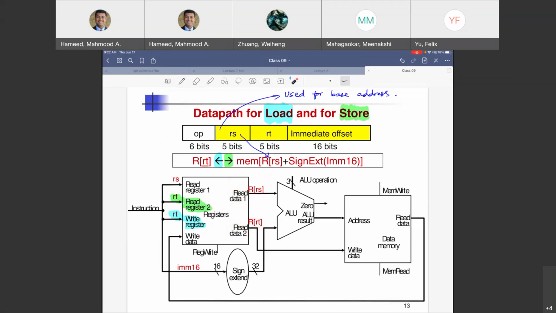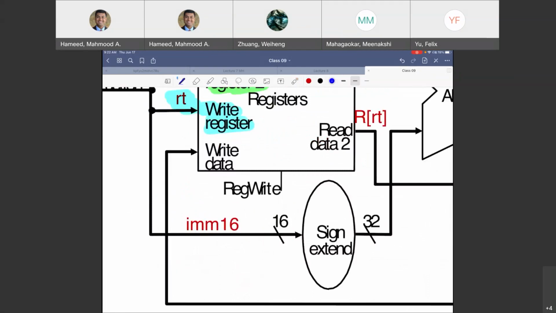Now we need what? Add base with offset. RS needs to be added using ALU with sign extended 32 immediate. So the immediate is also coming from the instruction. Immediate 16 is what? Instruction what to what?